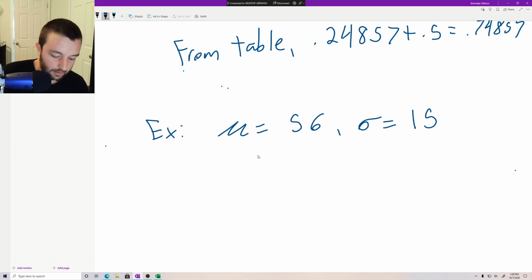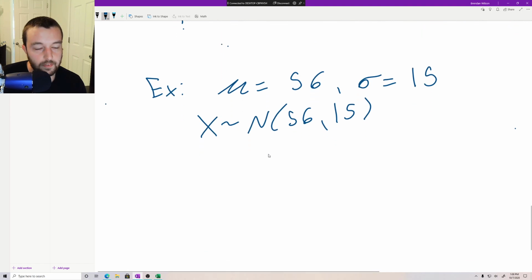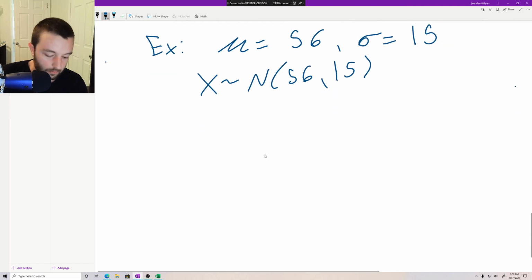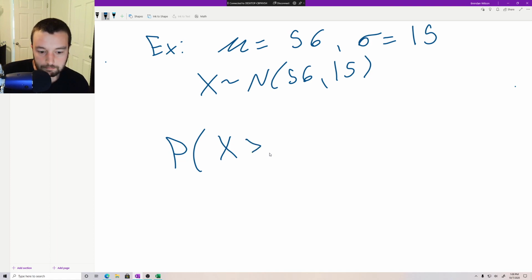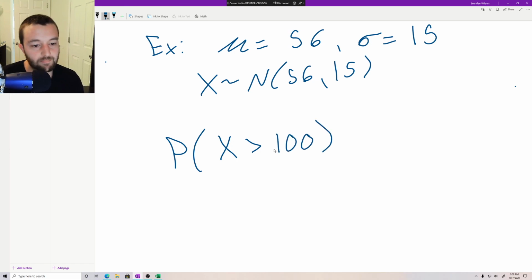So X is normally distributed with 56 mean, 15 standard deviation. And then let's say we want, what is the probability that X is greater than, I don't know, 100. So notice it's greater than this time instead of less than.